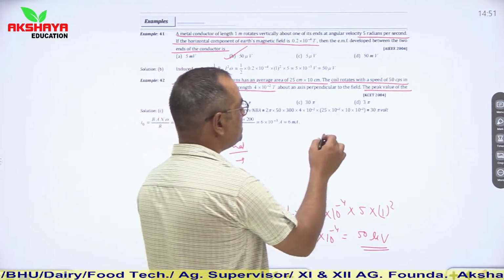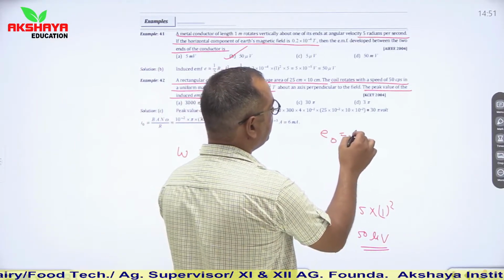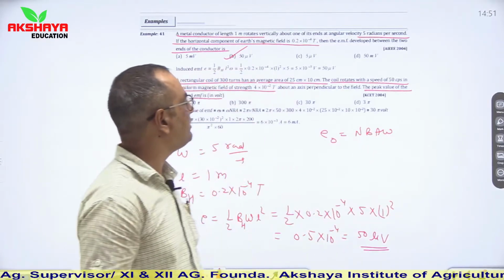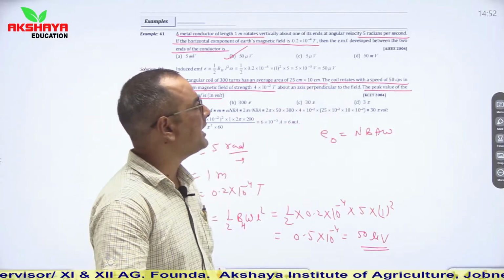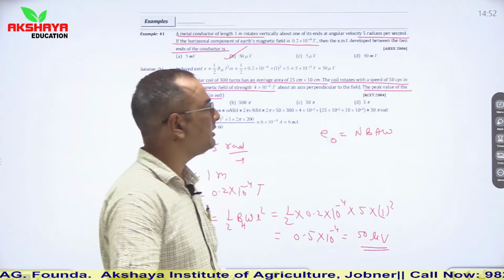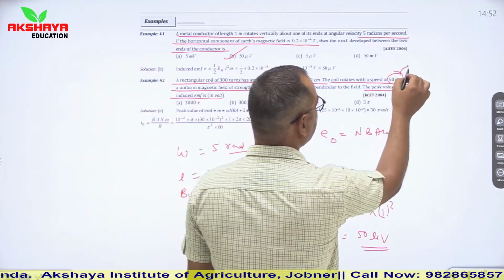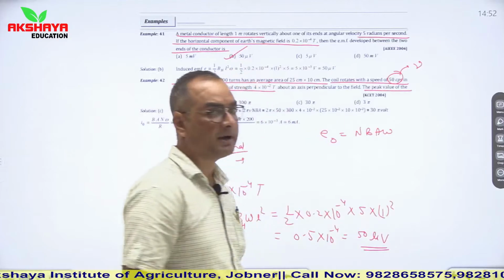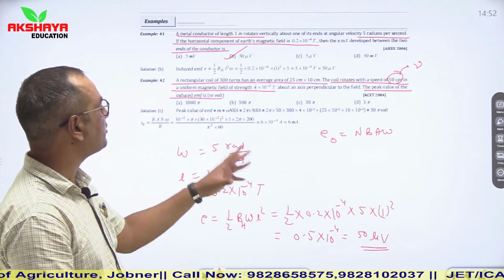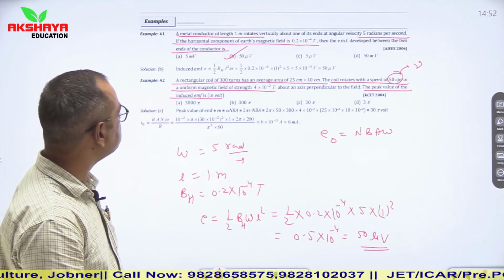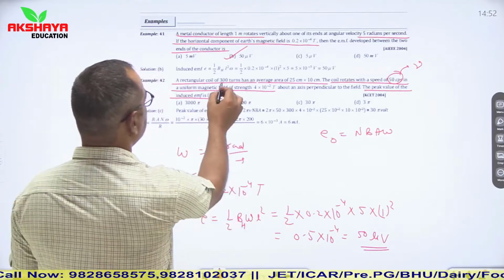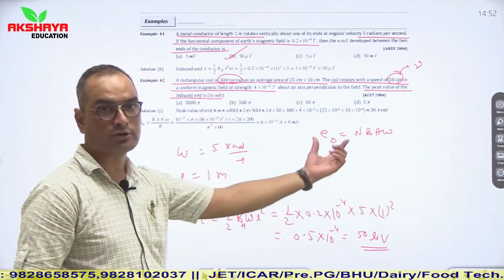Due to rotation of this rectangular coil, we know that the peak value of induced EMF is E is equal to NBA omega. Here we are given the area, and we are given cycles per second, meaning we are given omega. Cycles per second is the frequency, so it is nu. You can calculate omega by using the formula 2 pi nu. Magnetic field is given. The number of turns N is given as 300 turns, so the value of N is also given to us.